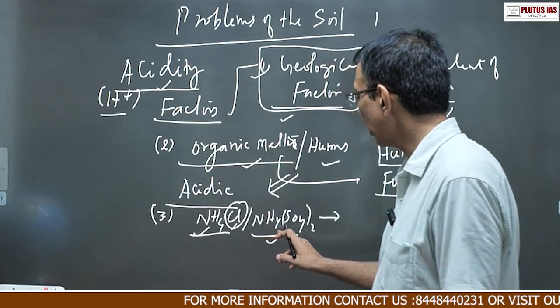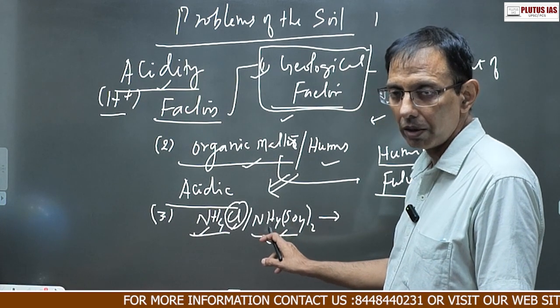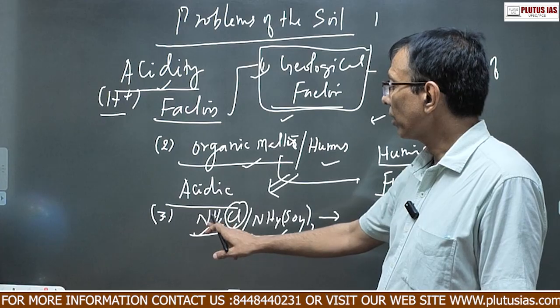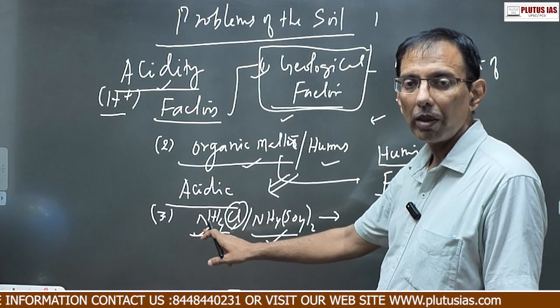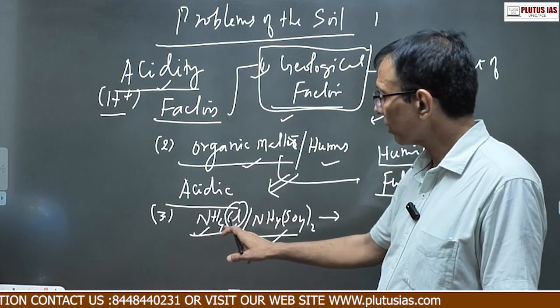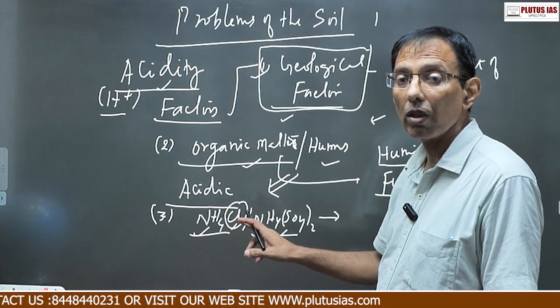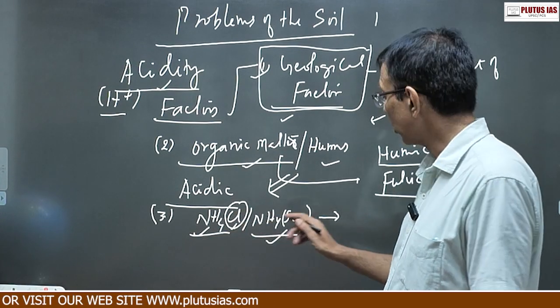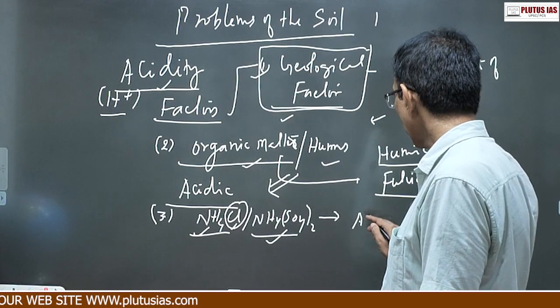In the same way, H2SO4 and NH4OH would be made, whereas NH4OH would be a weak base and HCl would be a strong acid. So the acidic factor would be dominating and the soil would become acidic.